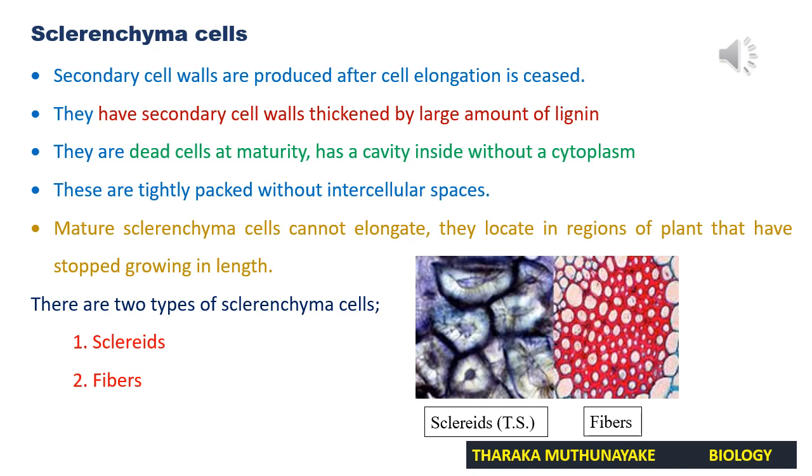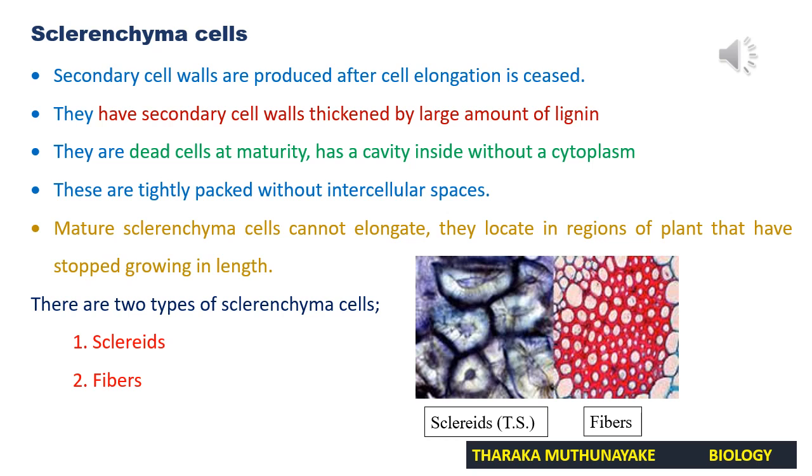Now about sclerenchyma cells. Here it says secondary cell walls are produced after cell elongation has ceased. In other words, previously we said that cells added by initials are elongated, then differentiate.